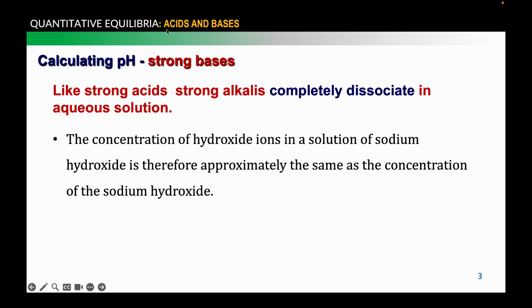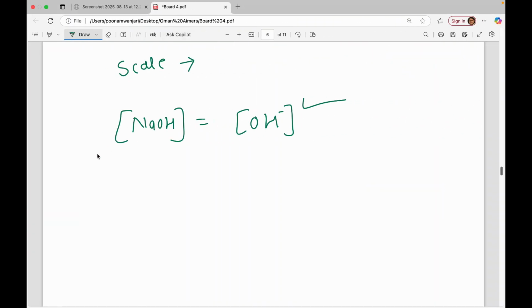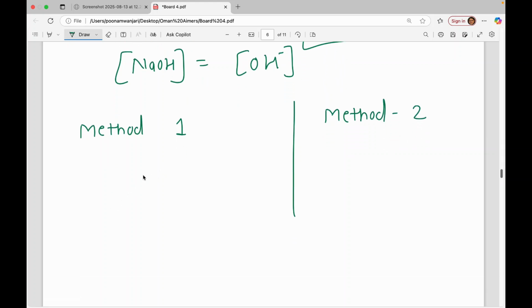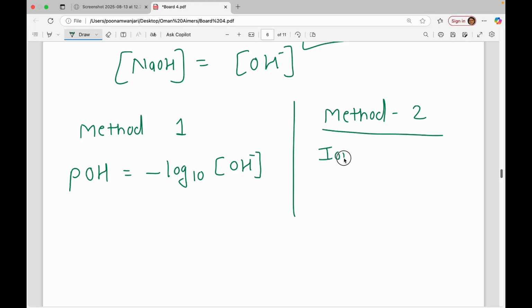Actually this is calculated by two different methods, method 1 and method 2. In method 1, we directly use a formula like pH, that is pOH. The formula will be pOH equals negative logarithm to the base 10 of the concentration of hydroxyl ion. And in method 2, we need to use the ionic product of water.